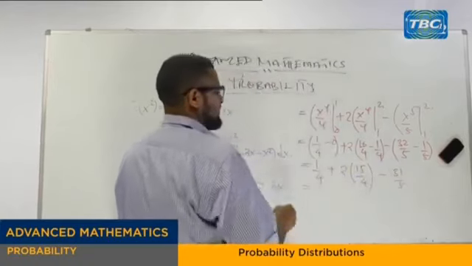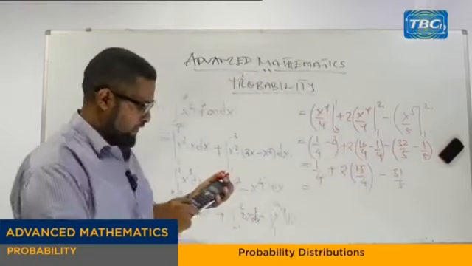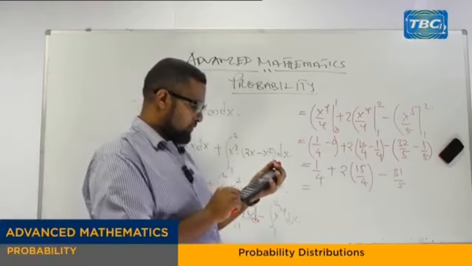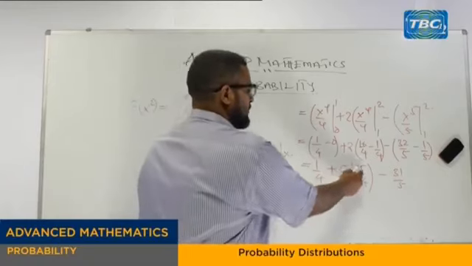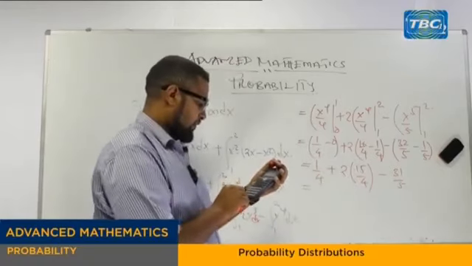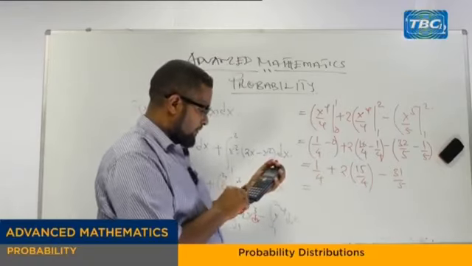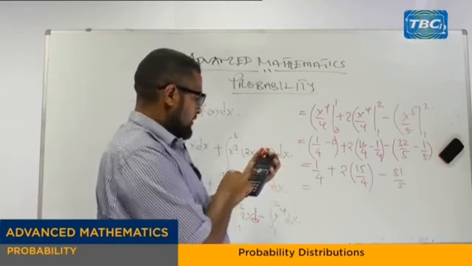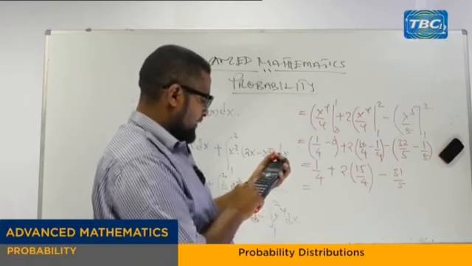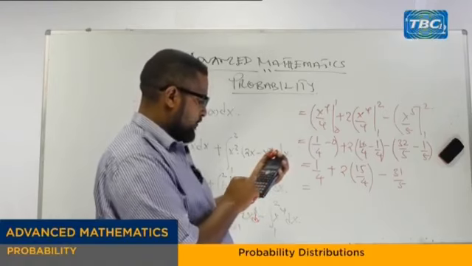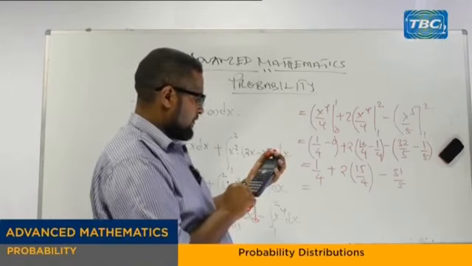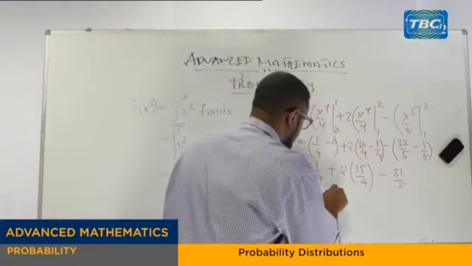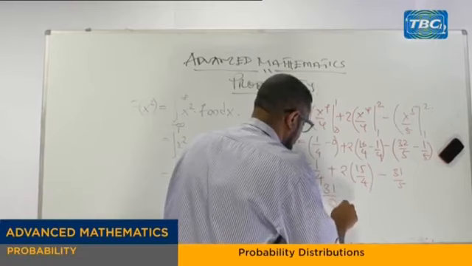From that point, use your calculator to finalize. So take 1 over 4 plus 2 times 15 is 30, so 30 over 4. Then minus 31 over 5. The answer here is 31 over 20.